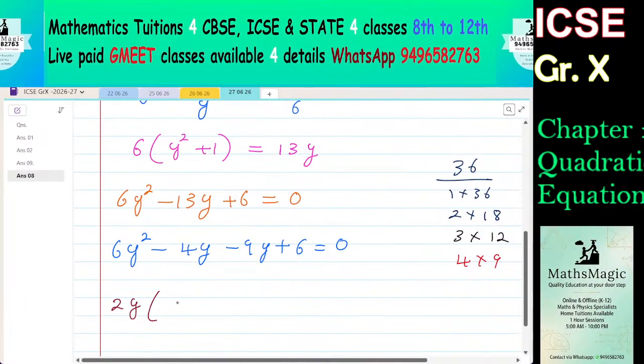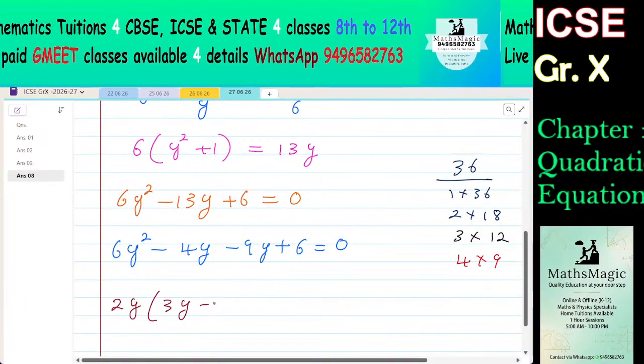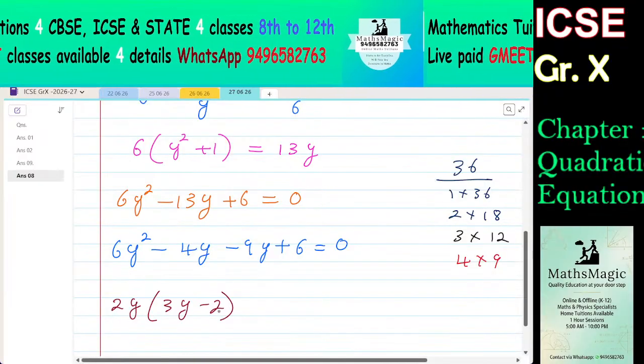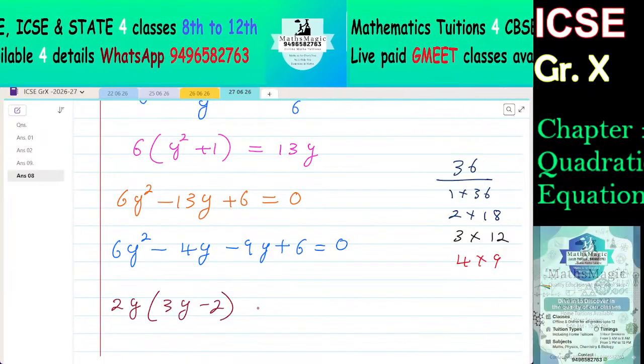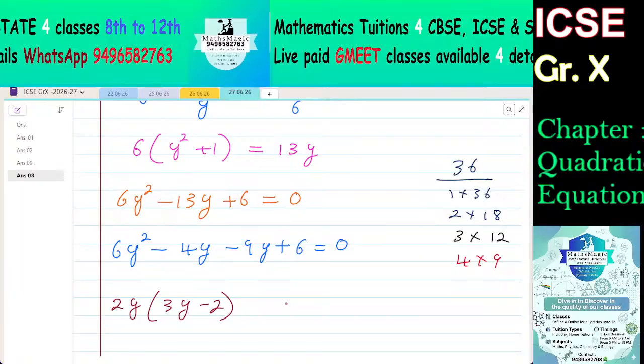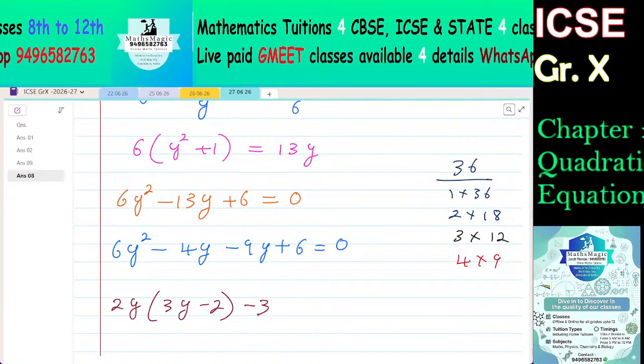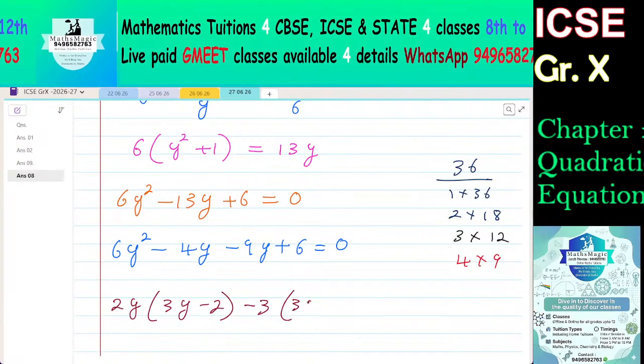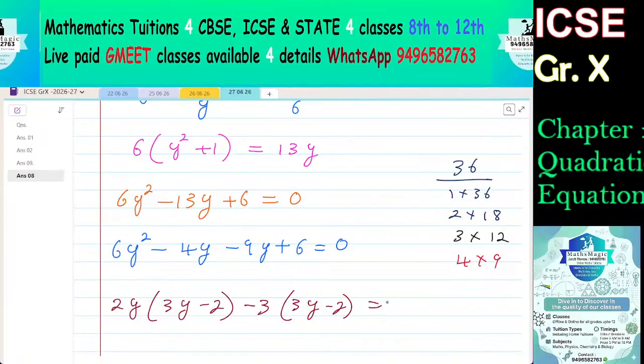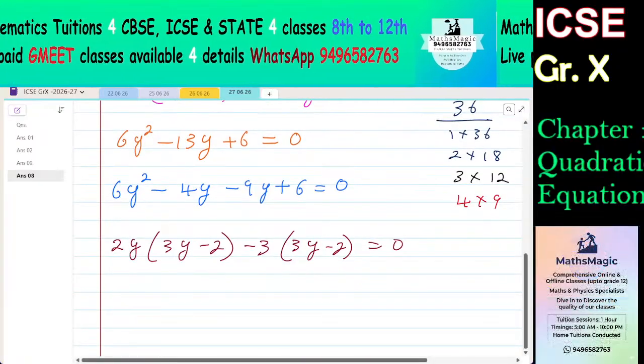Take 2y outside, 3y minus 2, from 6y squared minus 4y. Then you should take 3 outside, you get 3y minus 2 as well.